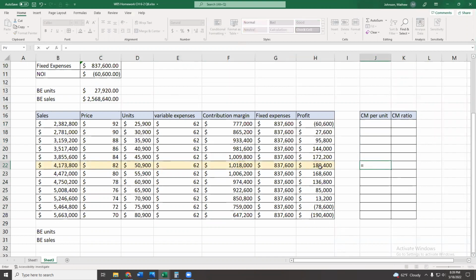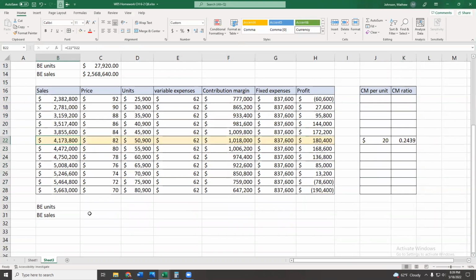So again, contribution margin per unit is the price per unit minus the variable expenses per unit. The contribution margin ratio you can do two ways: contribution margin per unit divided by price, or the total contribution margin divided by total sales.